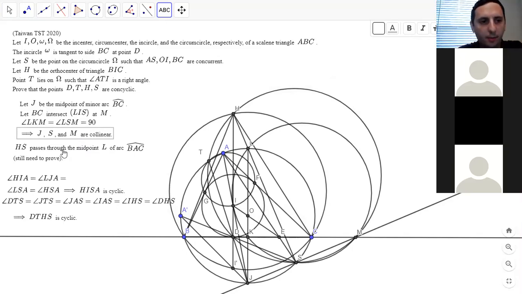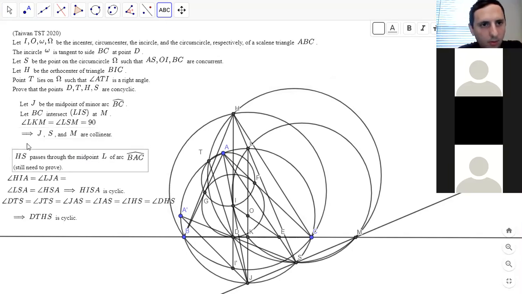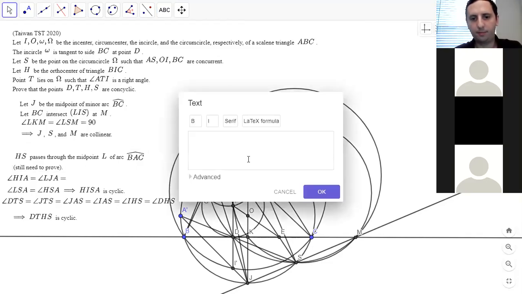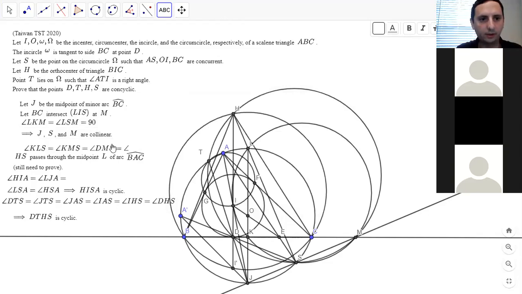And we also have DHS equals DMS. So we have KLS equal to KMS, equal to DMS, equal to DLS, or DHS.